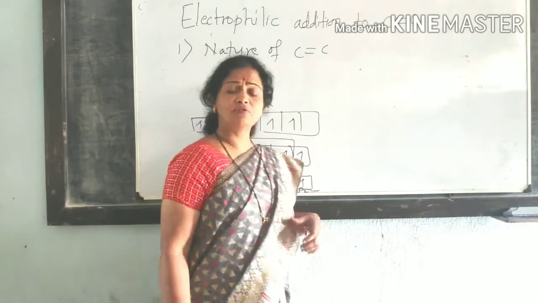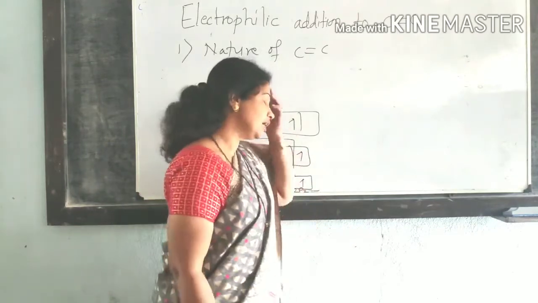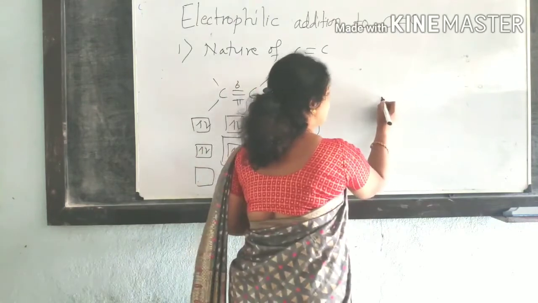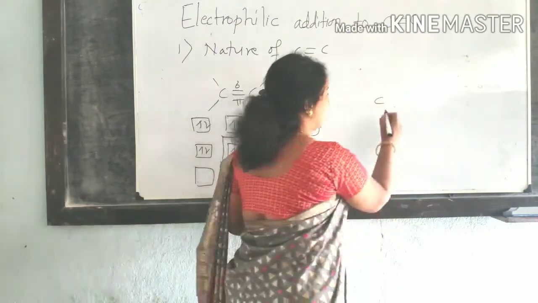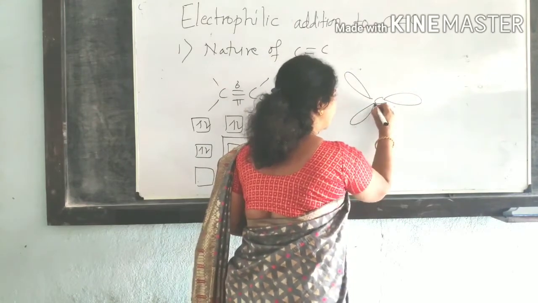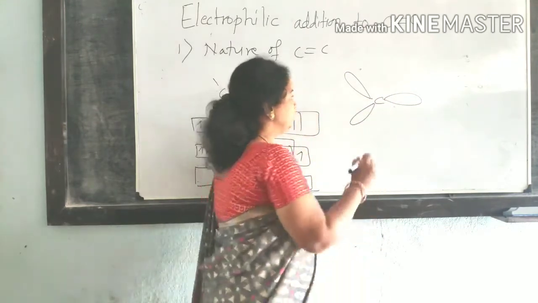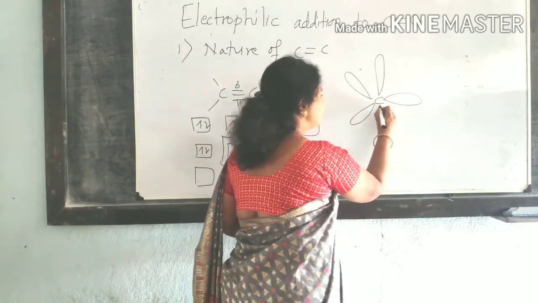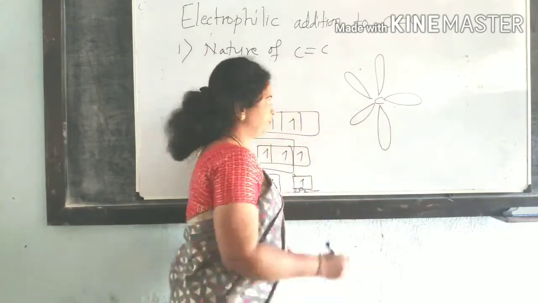Now let us go for the schematic representation, the atomic orbital diagram for this one. This is the first carbon having these three sp2 hybrid orbitals, and this one is the unhybridized 2pz orbital of the first carbon.